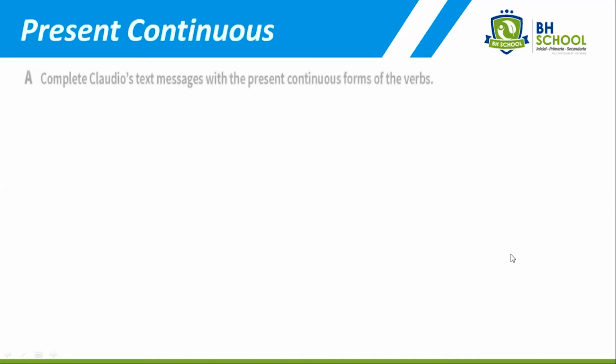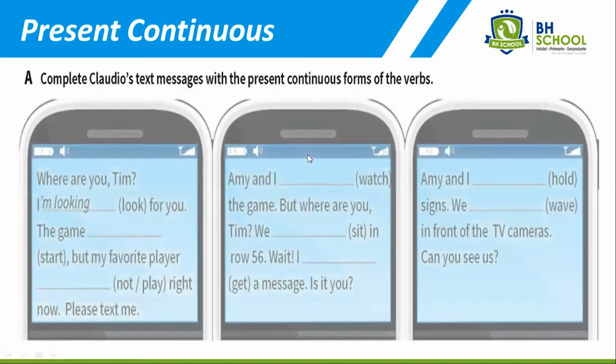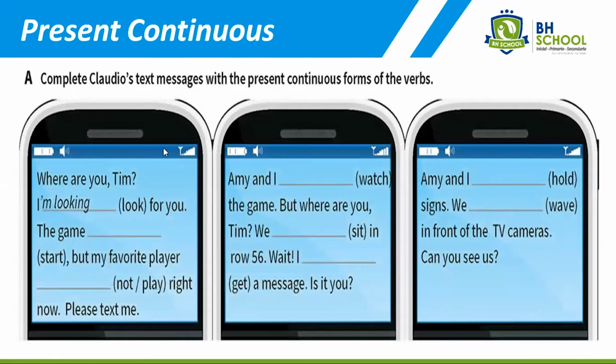Now, let's take a look at some examples. What are our instructions? It says, complete Claudius's text messages with the present continuous form of the verbs. These are Claudius's text messages. What are we going to do?